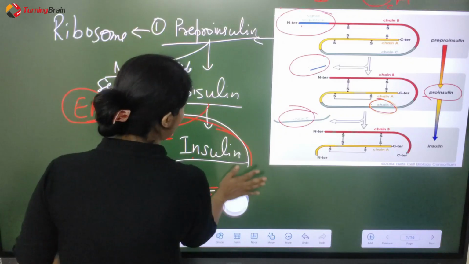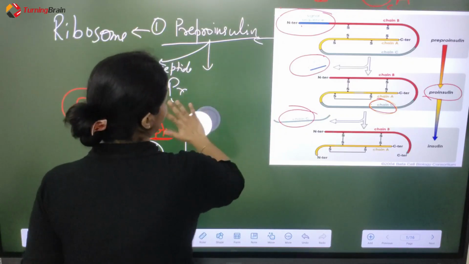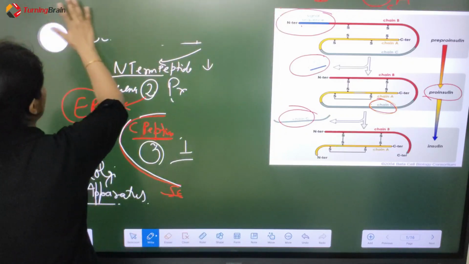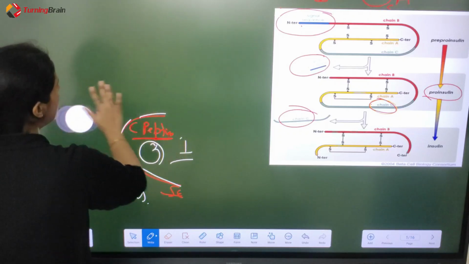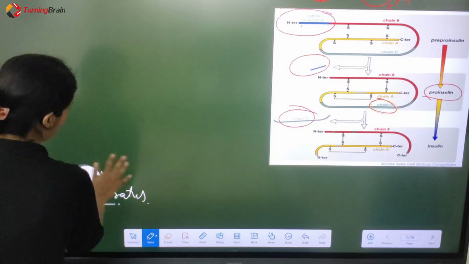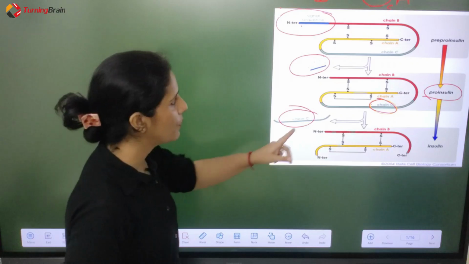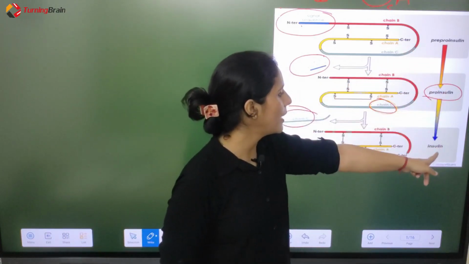So you have to remember that pre-proinsulin makes proinsulin, and from proinsulin there is formation of insulin: pre-pro, pro and insulin.